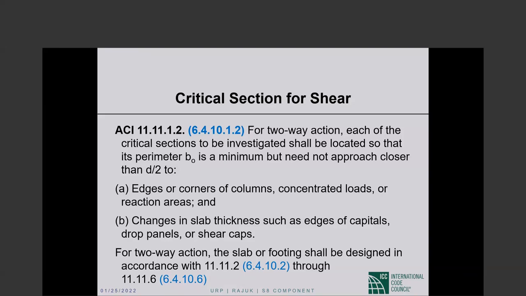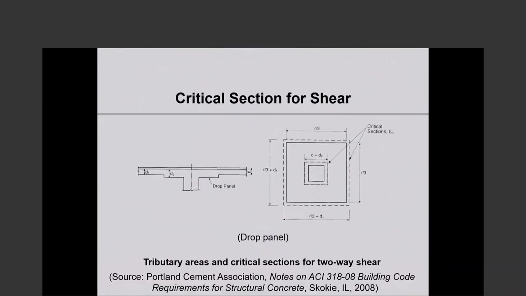Okay, so there is a critical section around the column. There is a second critical section where the slab thickness changes. If there is another step in the thickness, then we have potentially another critical section. Okay, so that is what is said on that slide.